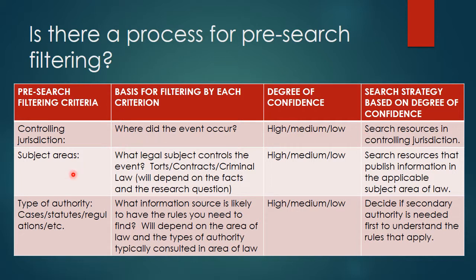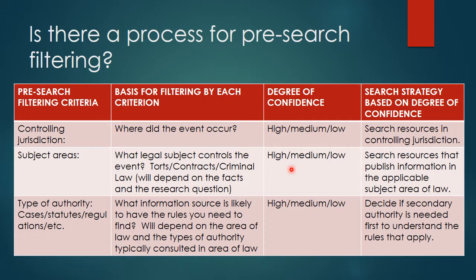All right, another category of pre-search filtering criteria is the subject areas. You have to ask yourself, what legal subject controls the event? Was it torts or contracts or criminal law? This clearly depends on the facts and the research question. And then you decide on the degree of confidence.